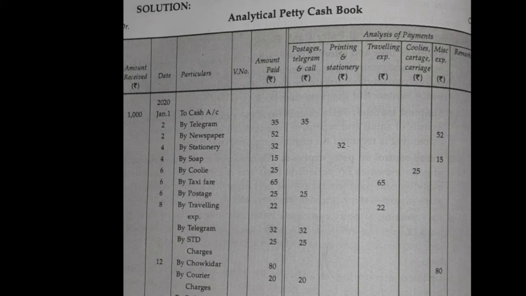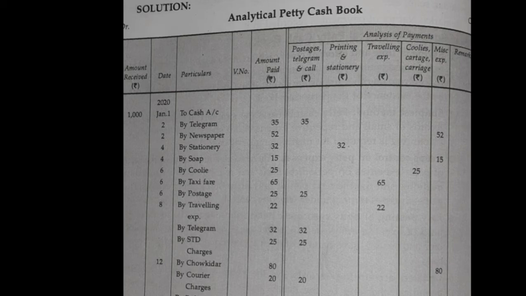As you can see, after amount paid, there is postage. Whatever expenses fall under the category of postage and telegram, you will record in this column. The next column is printing and stationery. Whatever expenses are related to printing and stationery will be recorded here.